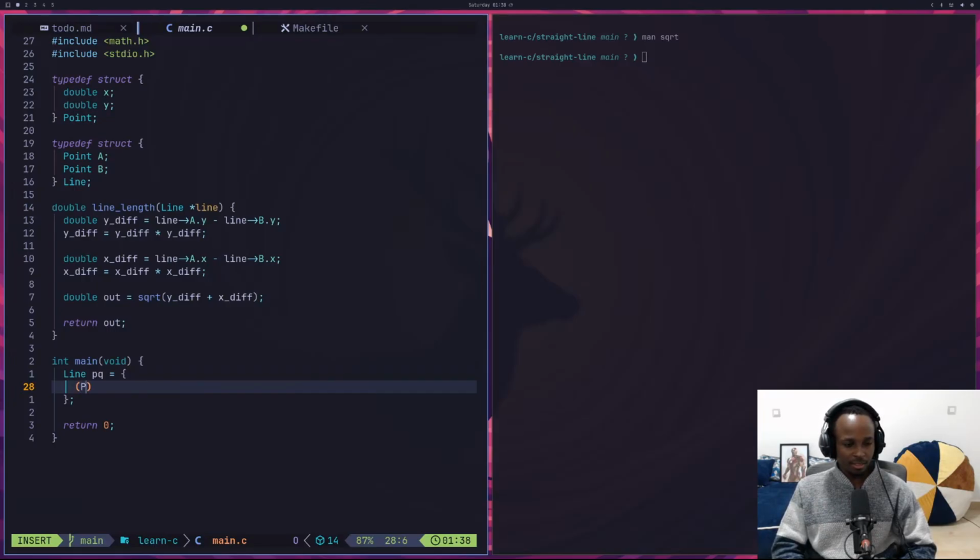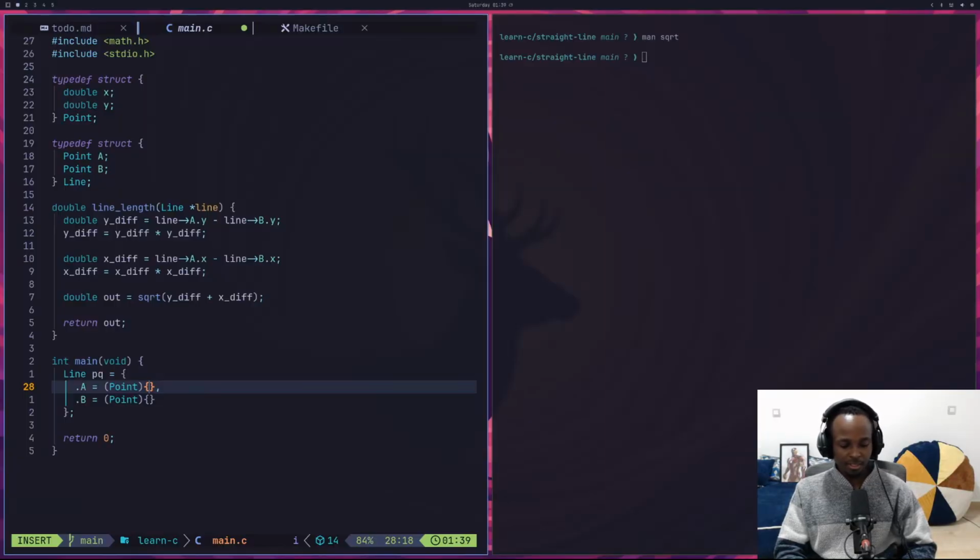So we have point A, and then we have point B. So point A, actually can just have dot A to indicate that it's point A, then that is point B. So point A is made up of the coordinates. So we have the X and the Y coordinates.